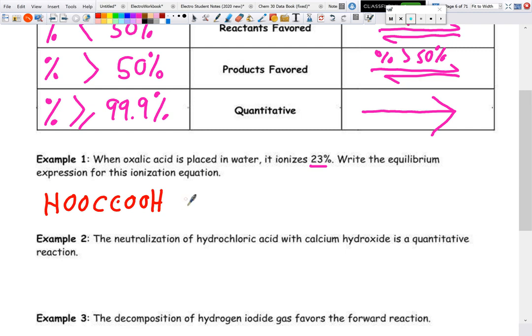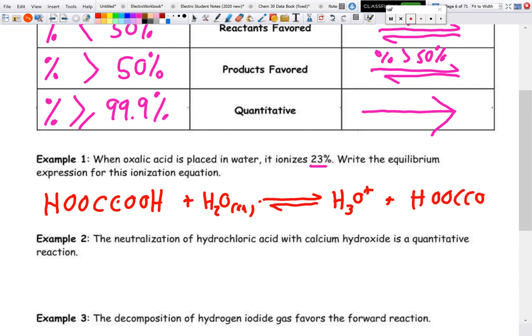I'm going to use the modified Arrhenius theory, where the acid reacts with water to produce hydronium and our anion, because the hydrogen leaves. From the question, it ionizes at 23%, so we just write 23% above the arrow, and we have our reaction.